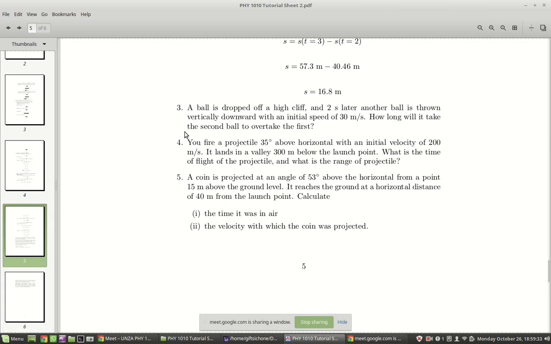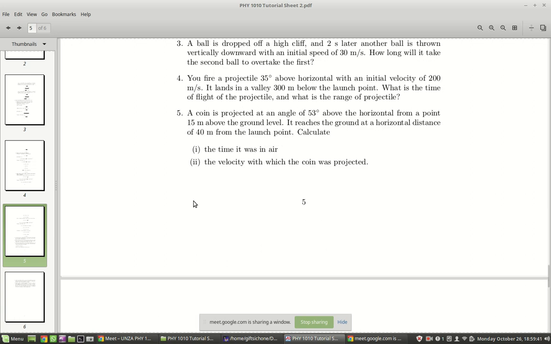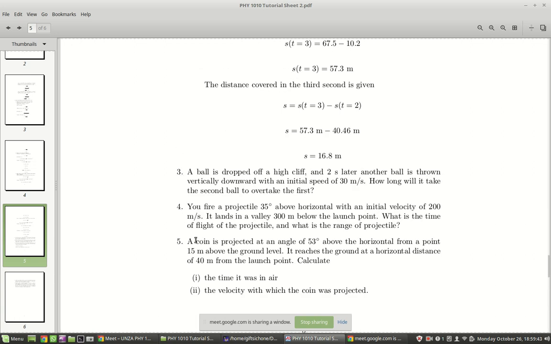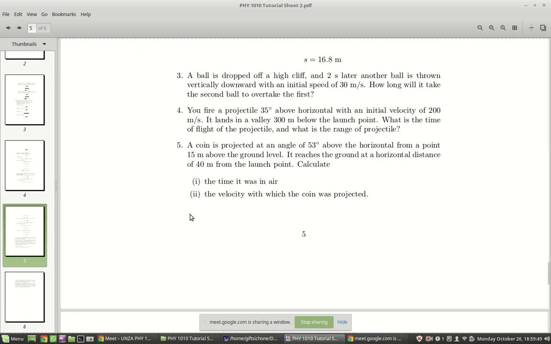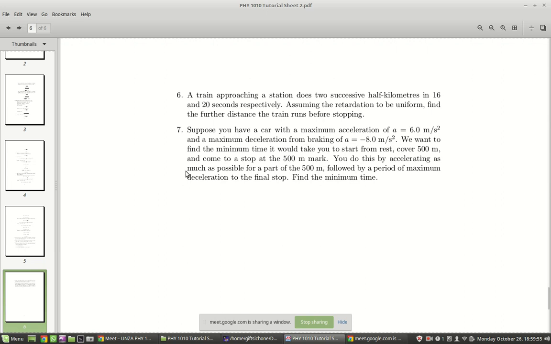I think tomorrow we can work out 3 questions because we've got 2 hours. So we can work out 3, 4, and 5 tomorrow. Then the other days we work out 6 and 7. Even if you don't finish tomorrow, we work out 2 questions. So basically by Friday, this tutorial should be done.